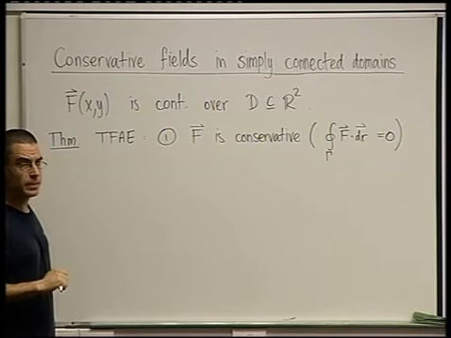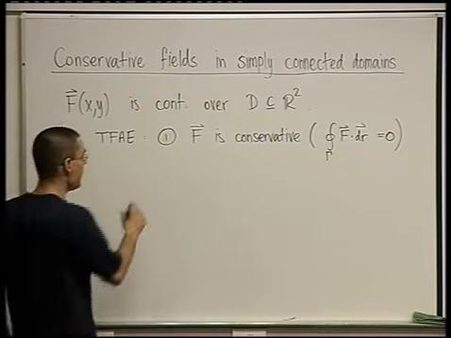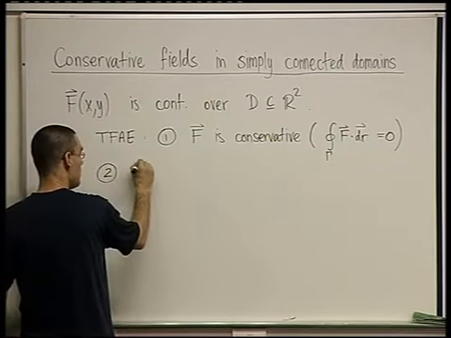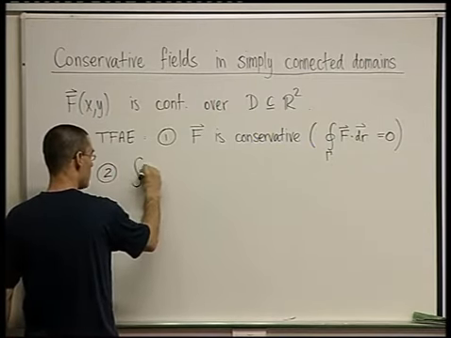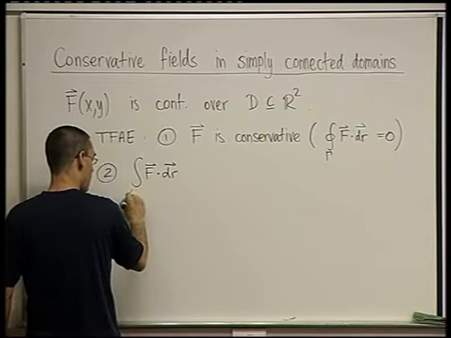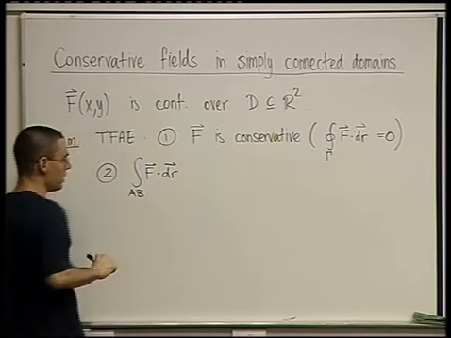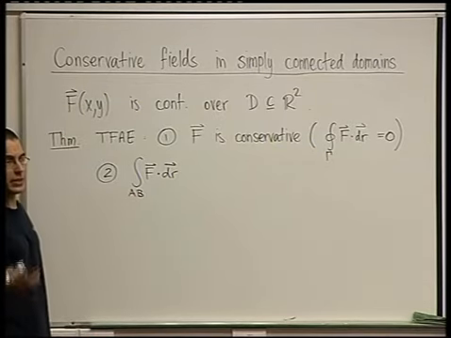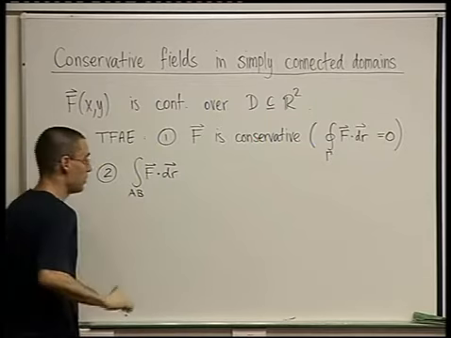Remember that definition? The second property was 2: the line integral of F over any path connecting 2 points A and B does not depend on the path. It only depends on the endpoints.